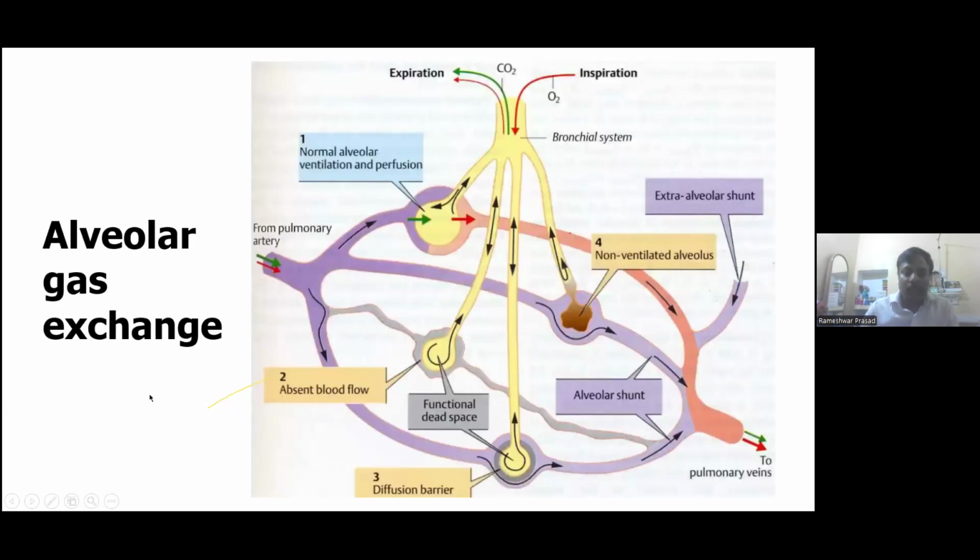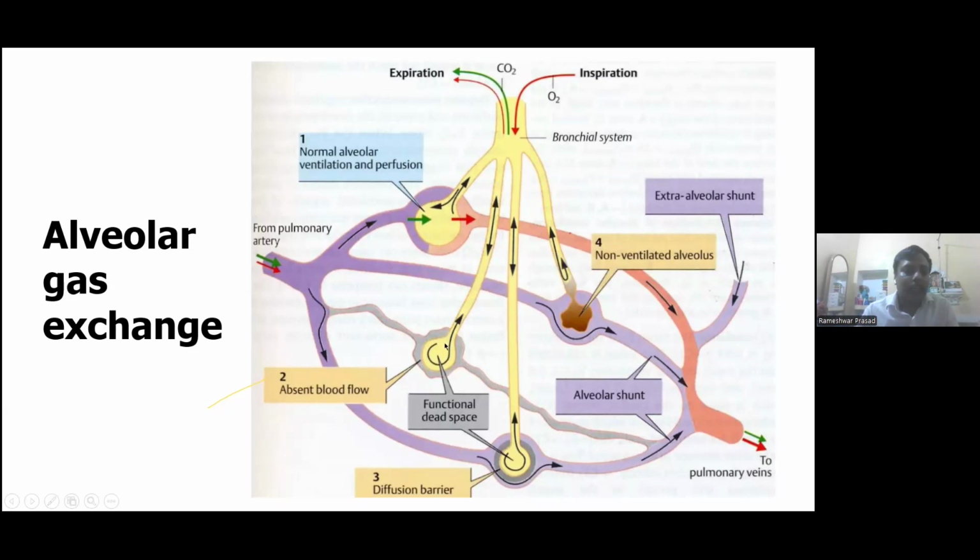Now, in a nutshell, what I have explained in multiple slides, I will summarize in one slide. There are 4 types of alveoli. One is well perfused and well ventilated. Second type of alveoli are well ventilated, however perfusion is poor.